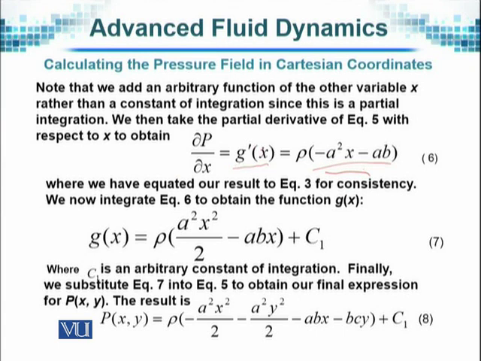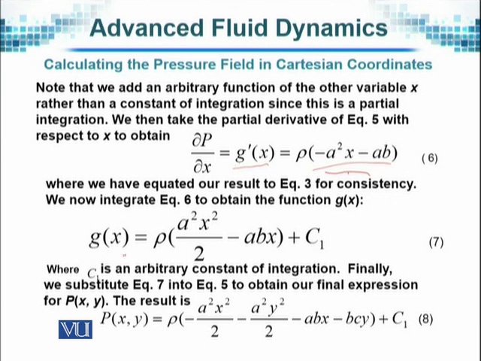Therefore, g dash x is equal to this quantity, and integrating it we obtain that g of x is equal to rho times a square by 2 into x square by 2 minus ab times x, plus some absolute constant of integration, because now we have integrated both partial differentials dp by dx and dp by dy.